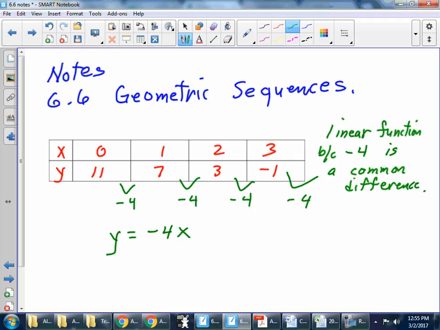And then what's the last part, Damien? Y equals -4x. Then what? There's one little bit, plus something, not 1. Plus 11. There it is.